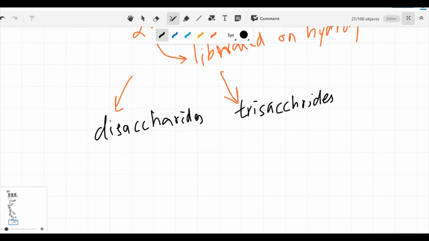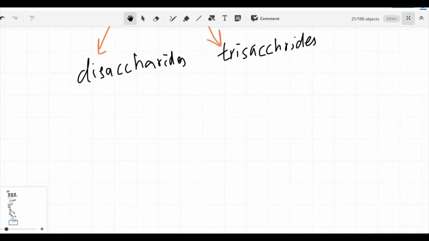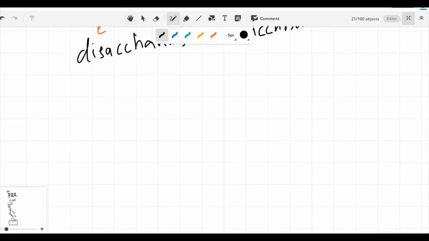And so on, according to the number of monosaccharide molecules. Okay, so that is the information about oligosaccharides. We will discuss them in detail from the structural point of view.